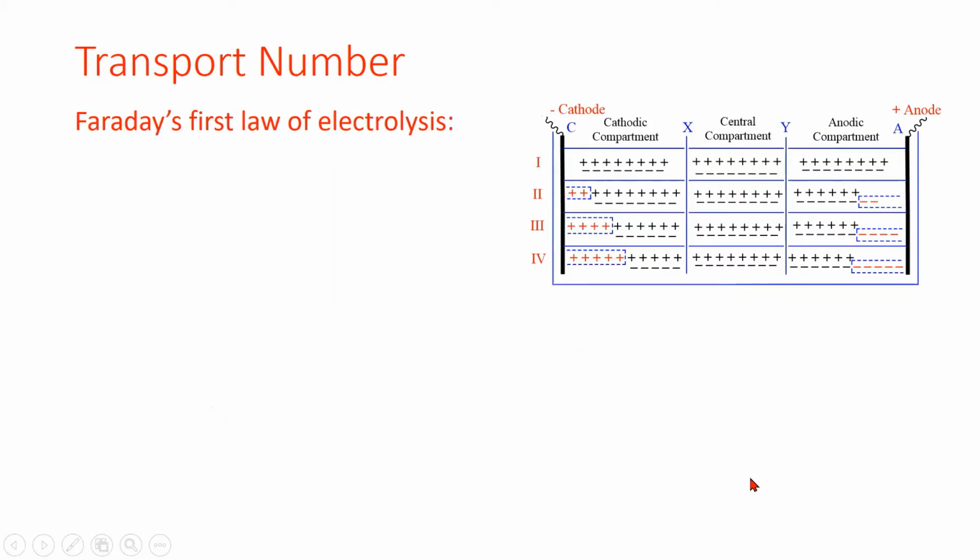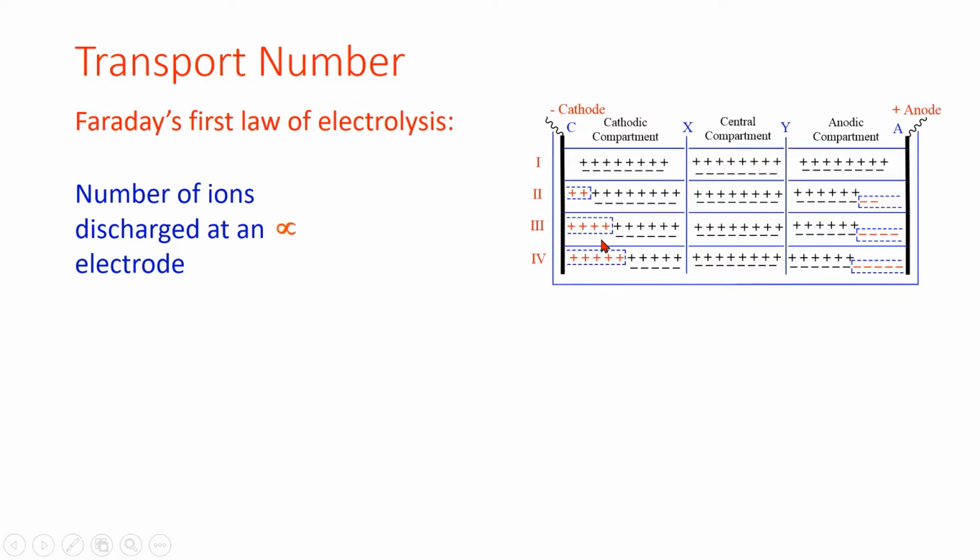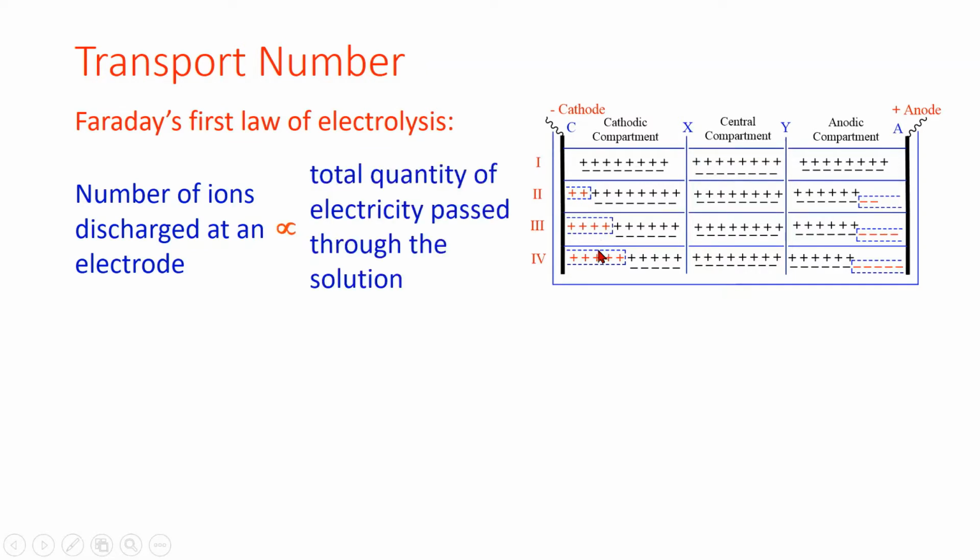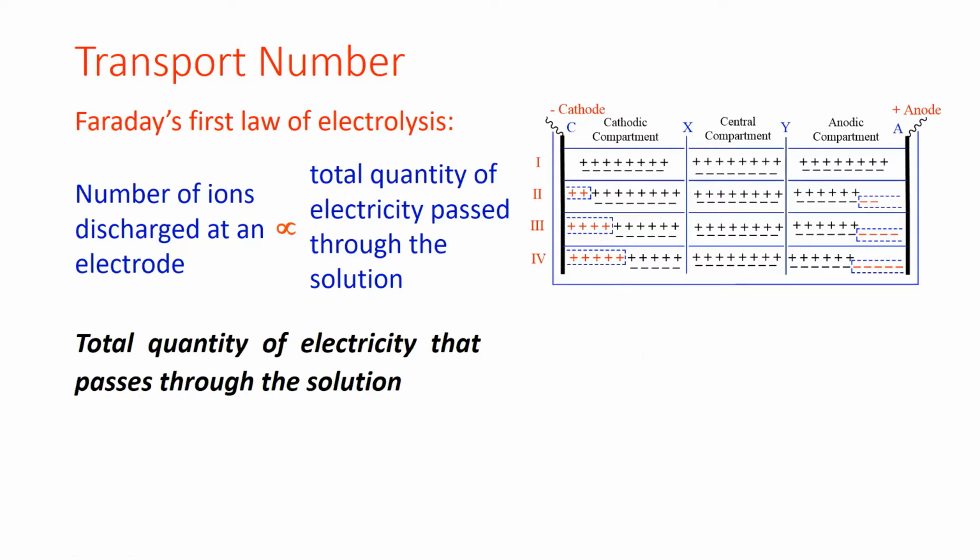According to Faraday's first law of electrolysis, the number of ions discharged at an electrode is directly proportional to the total quantity of electricity passed through the solution. The total quantity of electricity that passes through the solution is directly proportional to the sum of the mobilities of ions.